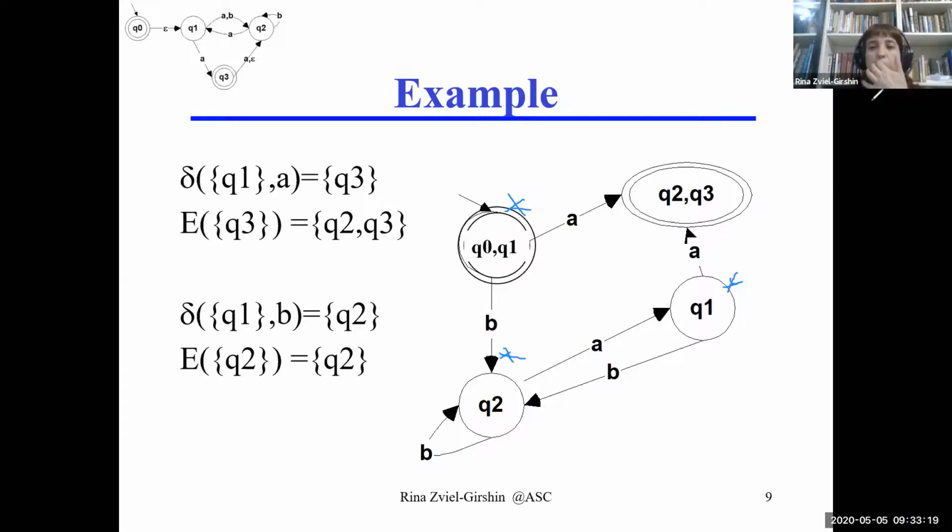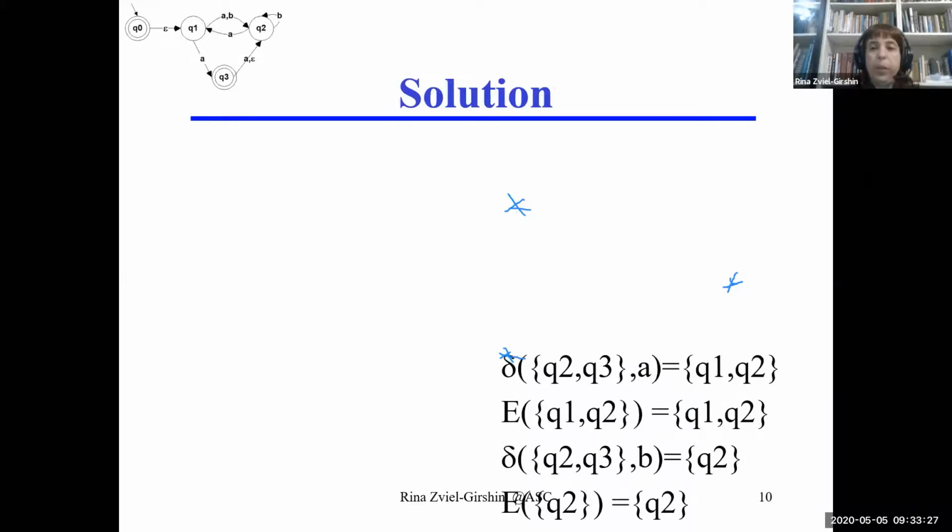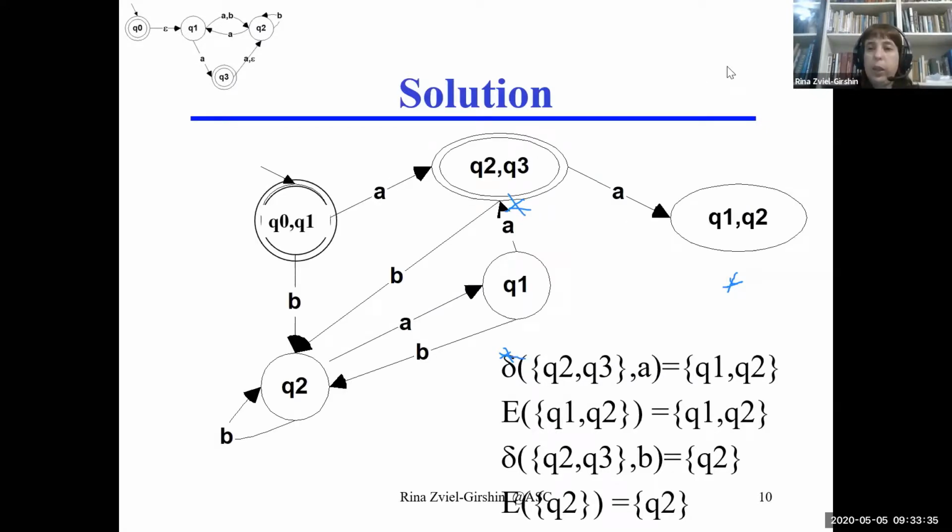Okay, so let's start solving this question together. I'm taking the state Q2, Q3. Wait, I will clear all annotations. Okay.